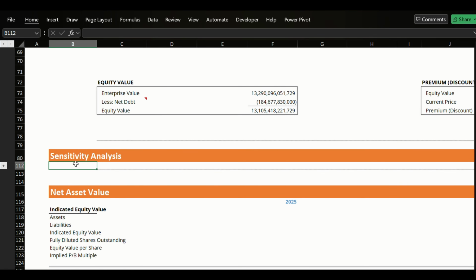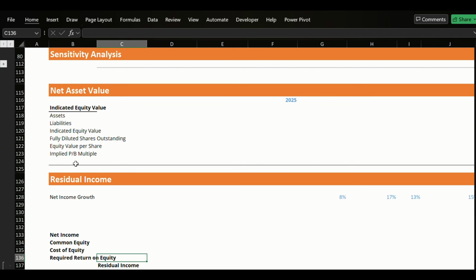But okay, since this is a bank, normal bank valuation would be net asset value and the residual income. Residual income is what I would recommend and what I feel is right.